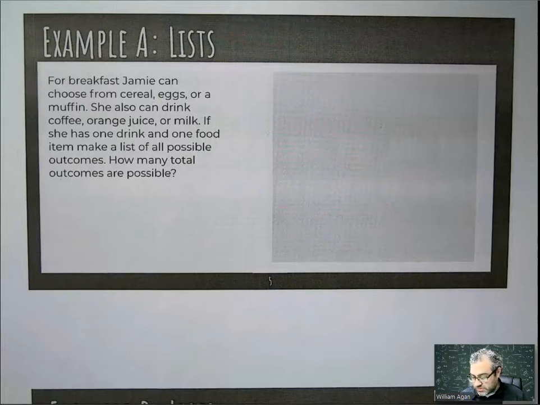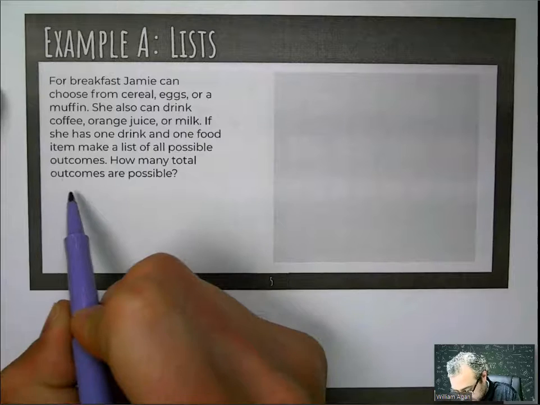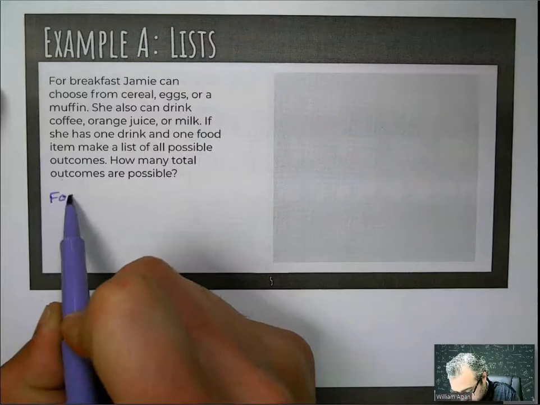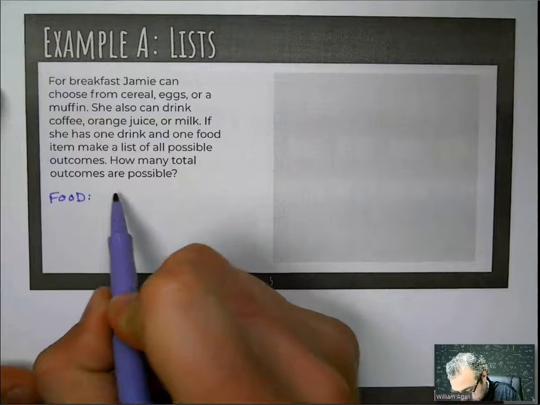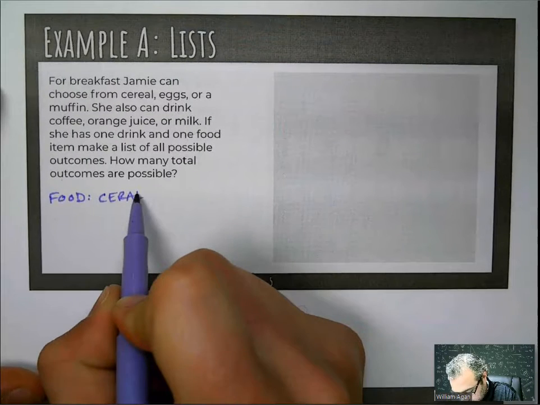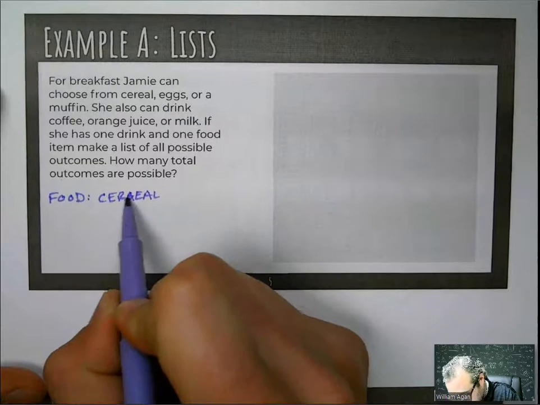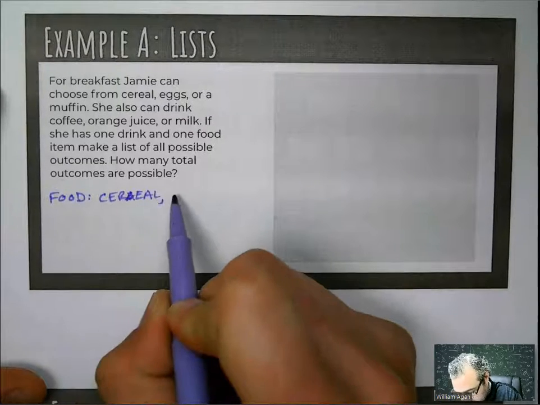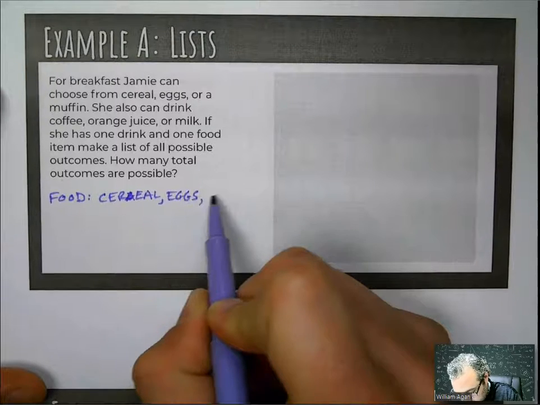Okay, so she's going to make basically two different choices. The first event is the food. She can either get cereal, eggs, or muffin.